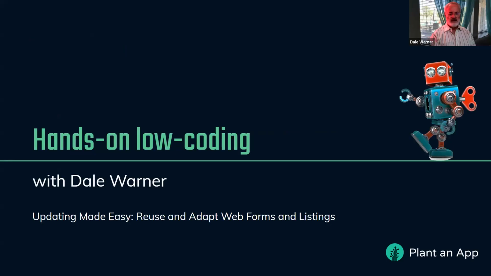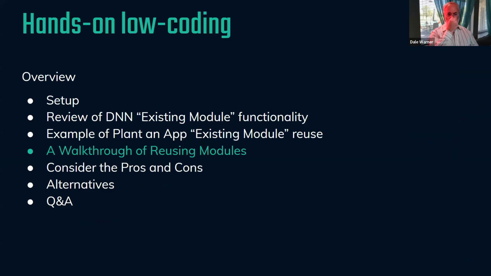Made it through all that in 7 minutes, so we can go on to hands-on low coding. Updating made easy: reusing and adapting web forms and listings that are automatically created for you. This is the overview of what we're going to do today. We'll talk about the setup that's already in place on our site. I want to talk about the existing module functionality, because it's a core feature of DNN, being able to reuse things, and I want to just touch on that, and then we'll get into how it can be used for plant and app modules.